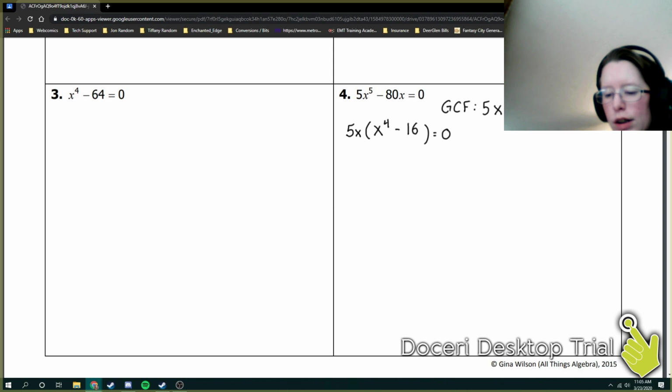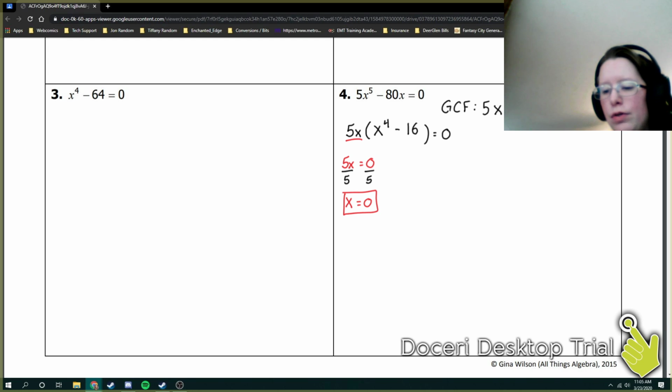Alright, and now that I've got it factored, I'll set each part equal to 0 and solve. So I'll set the first part, divide by 5, still get 0 for this one. 0 is a very common solution.